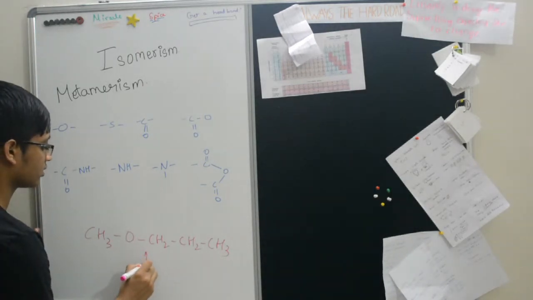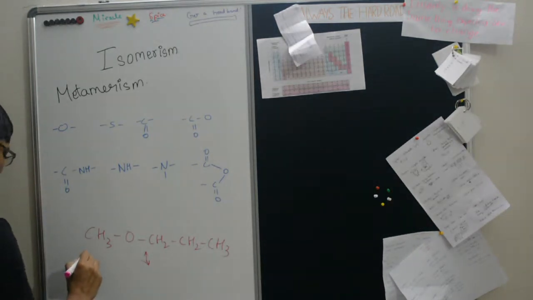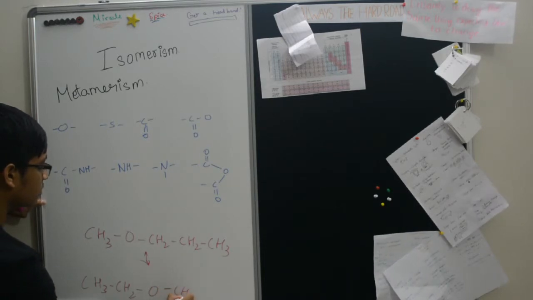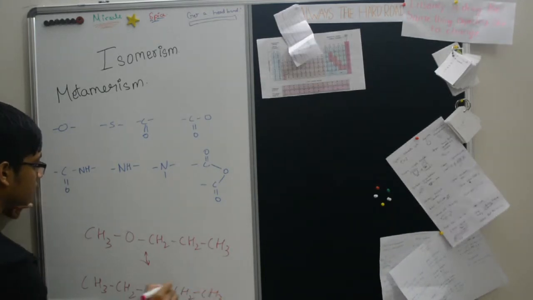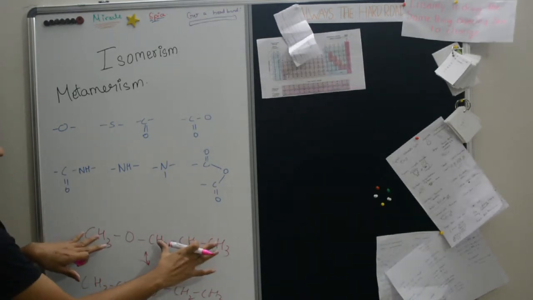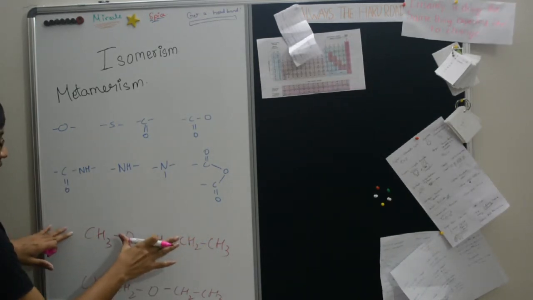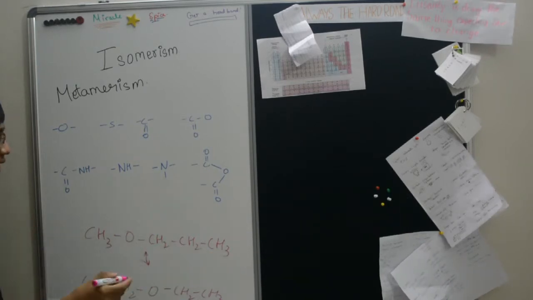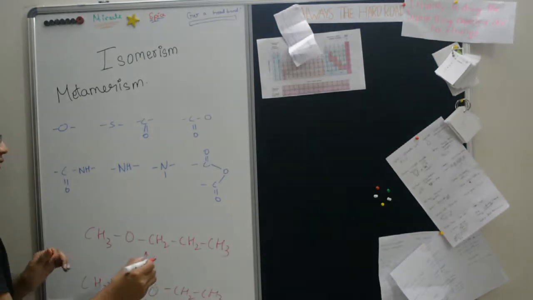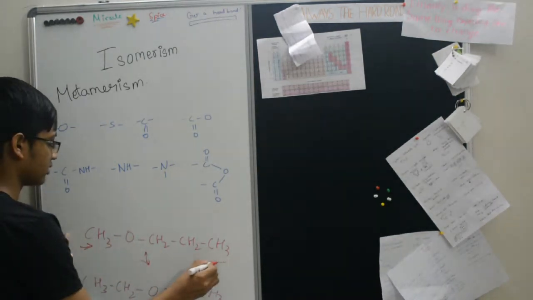The second isomer over here is CH3, CH2, O, CH2, CH3. So basically just take the carbon chain and push it like this or like this. However, one thing you should always remember is to read from here as well as here.